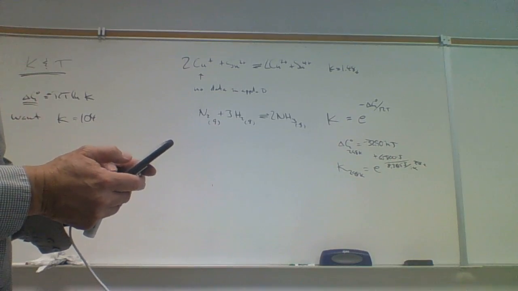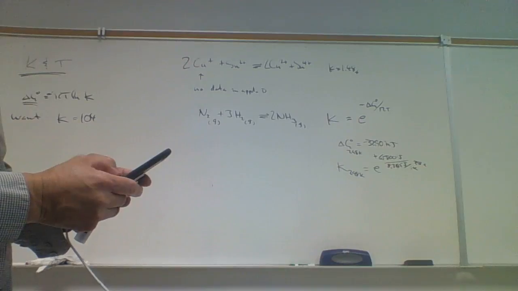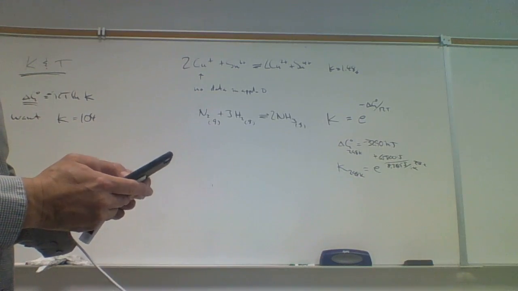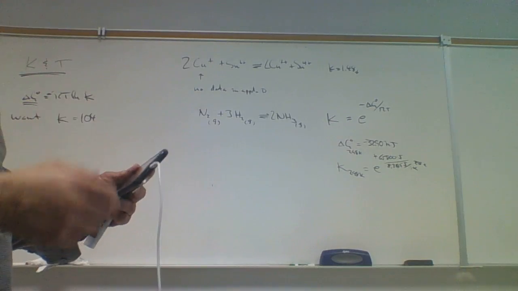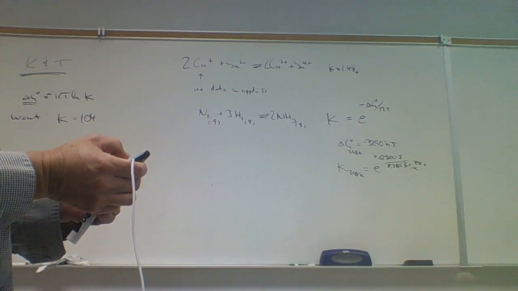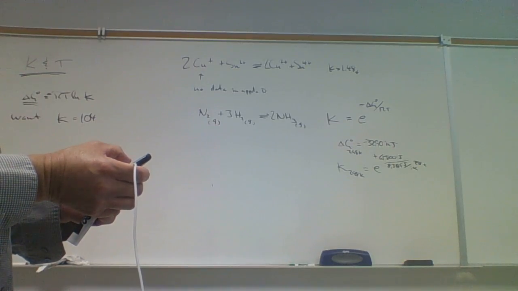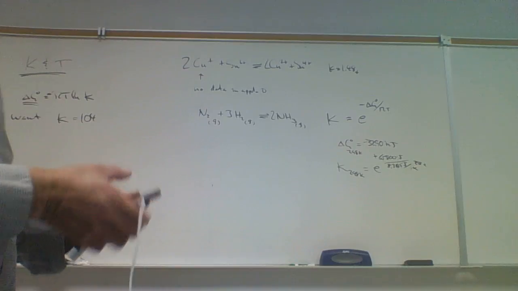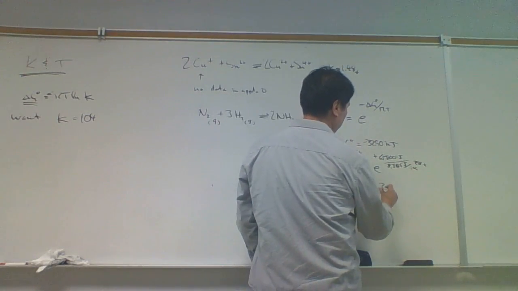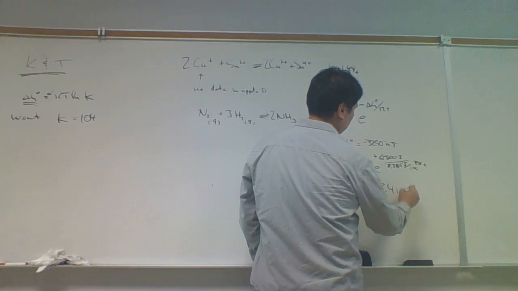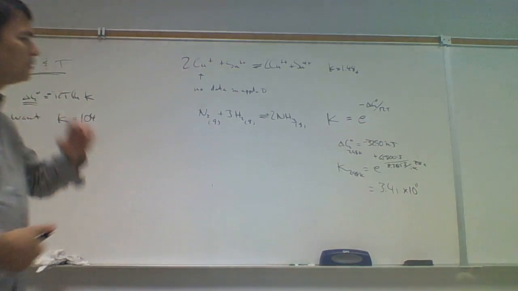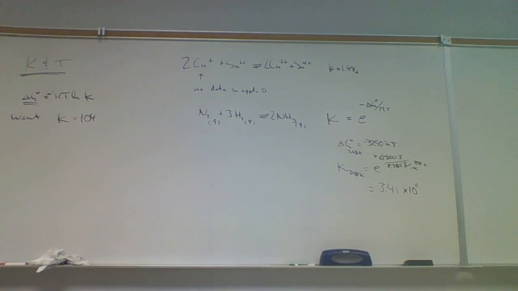65,800 divided by 8.3145 divided by 298. What's that? Raise E to this. K is 3.41 times 10 to the 11.